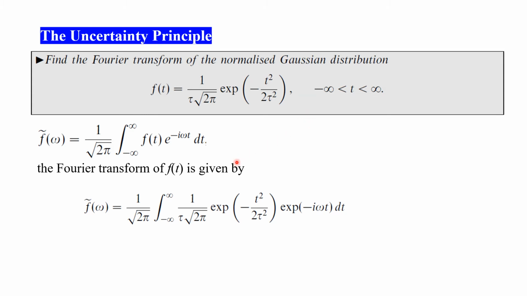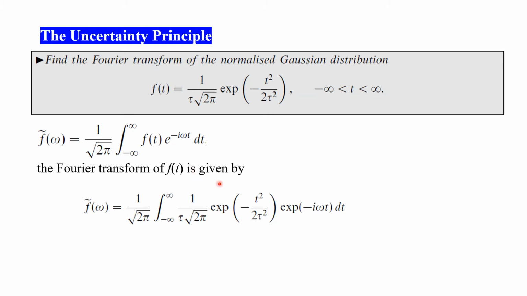Again, from the equation for your Fourier transform, your Fourier transform is equal to 1 over square root of 2 pi times the integral of f of t exponential I omega t dt. This is evaluated from negative infinity to positive infinity. So we're just going to substitute your f of t into your Fourier transform equation here.